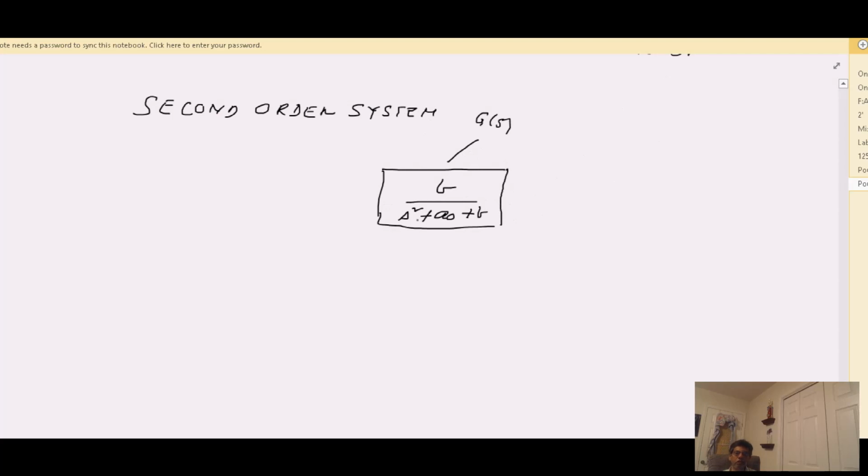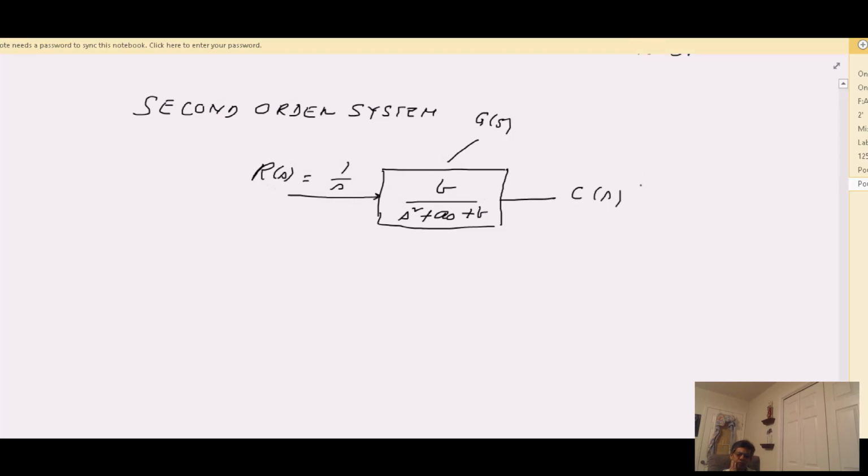As you can see, the power of S is 2, so this is a second order system. You're not dealing with the first order now, you're looking at the second order system. And we would like to put in a step input. As usual, it's going to be 1 over S, and the output is going to be C(s).